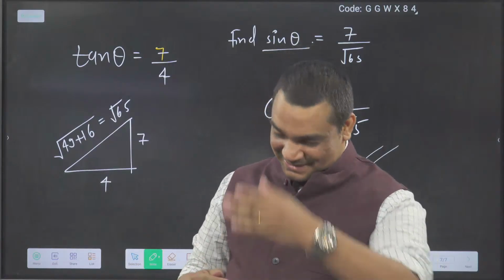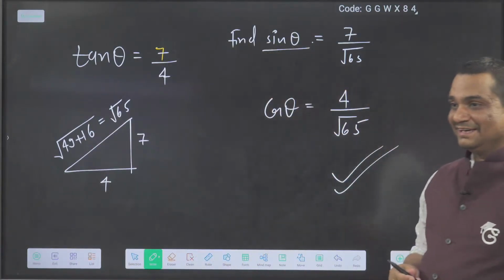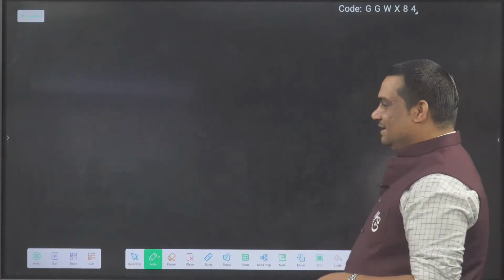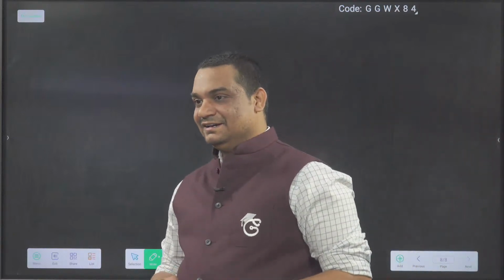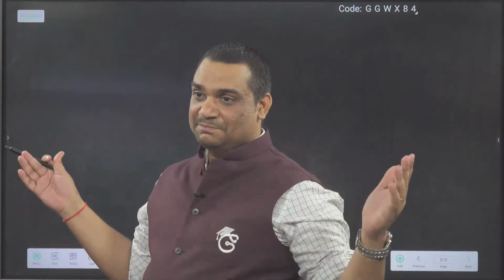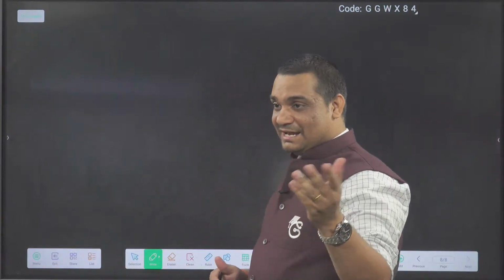Let's see how many people get the answer. And don't take help of your AI. Sometimes AI also cannot help you. If you are thinking that yes, I will use Chat GPT, I will use Gemini, I will get the answer, sometimes they may not help. Sometimes they can help.